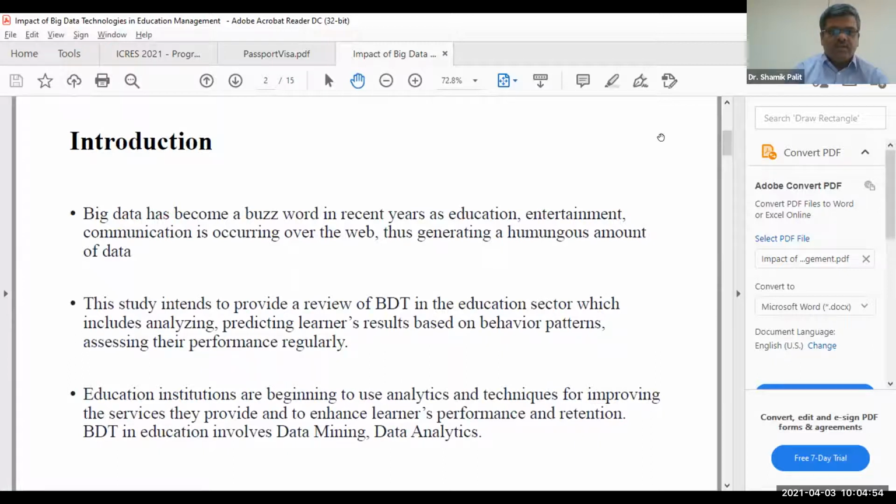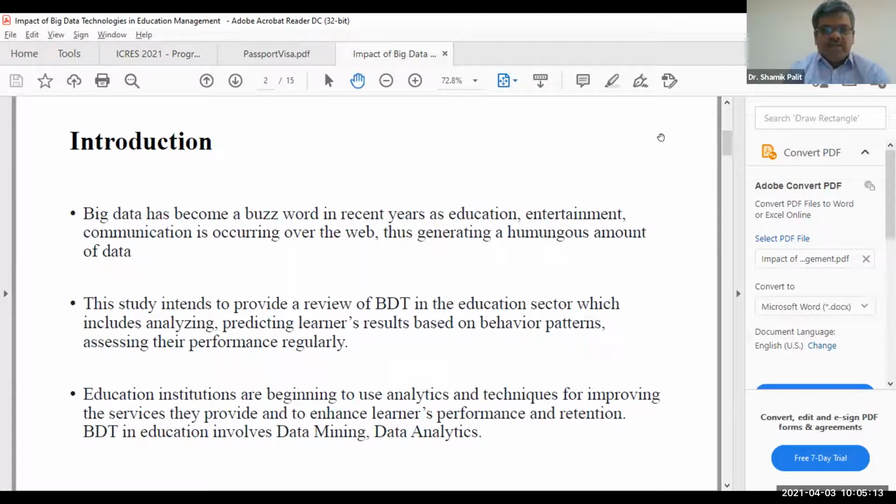As all of us know, big data is one of the emerging technologies in today's world. And as far as the education management industry is concerned, there is a vital role of big data.